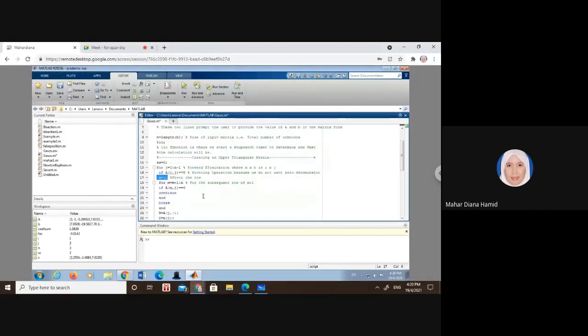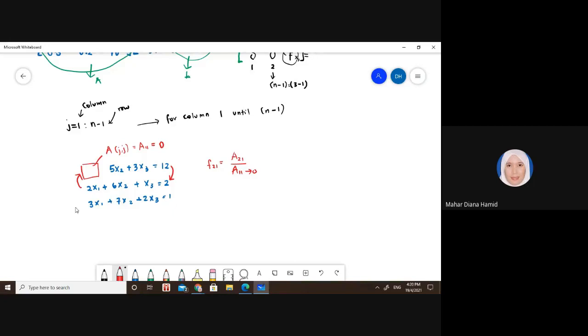And then for the subsequent row of m plus 1, if we look at this particular row, we will see that the factorize is a 3,1 over a 2,1.